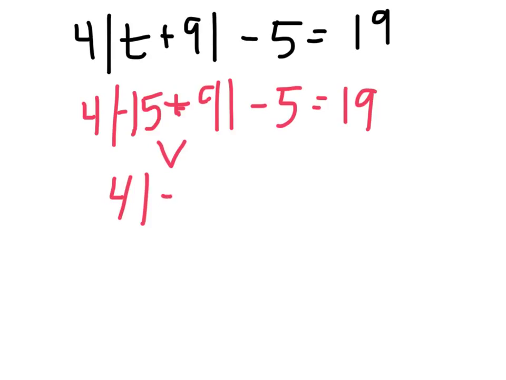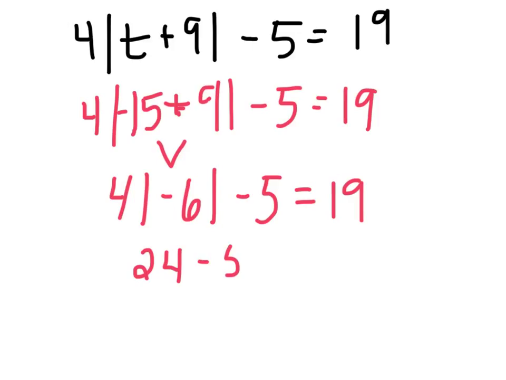So I get 4 times the absolute value of negative 6 minus 5 equals 19. The absolute value of negative 6 is 6, so 4 times 6 is 24, minus 5 does in fact equal 19. So by plugging in negative 15, I get a true statement on both sides of the equation, telling me that negative 15 is in fact a solution.